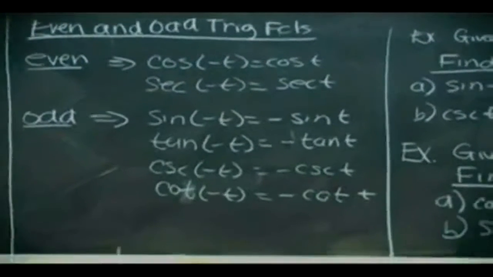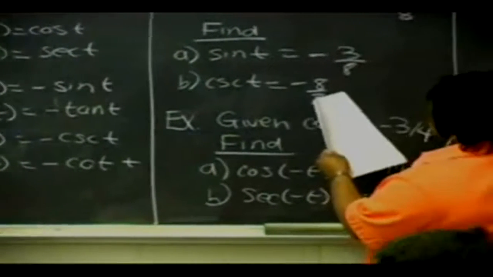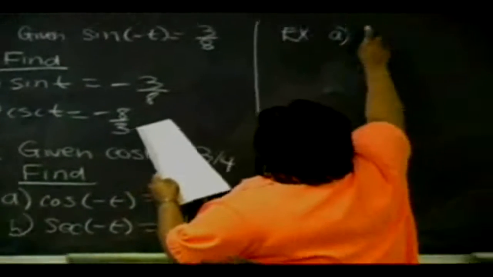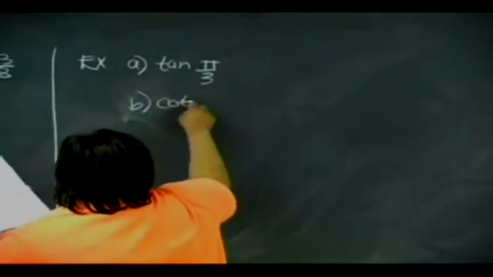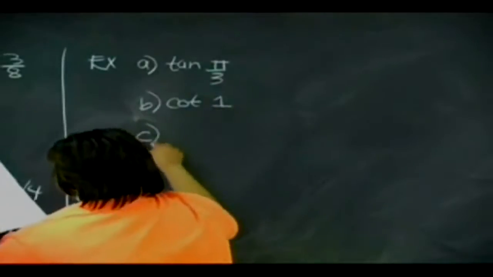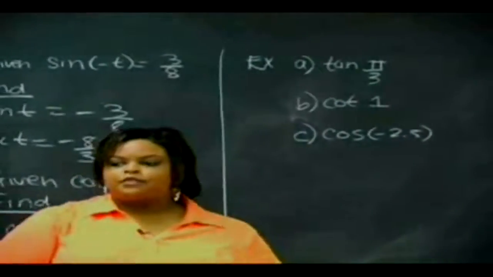Okay, so just a few calculator examples. Tangent pi over 3. Do we know how to get our calculators into radian mode? Depending on what kind of calculator you have.